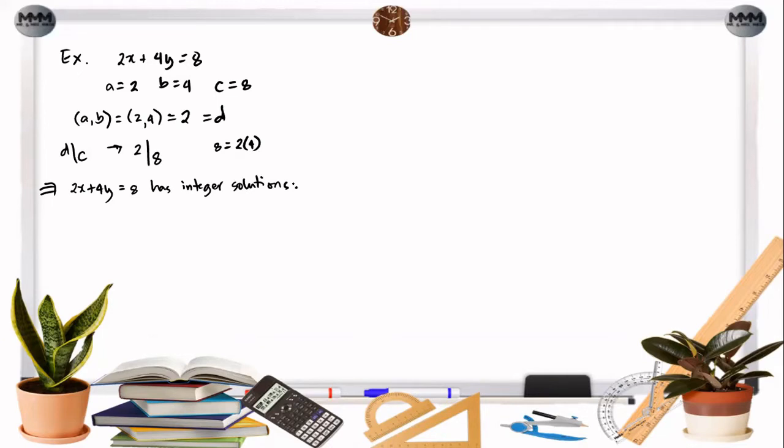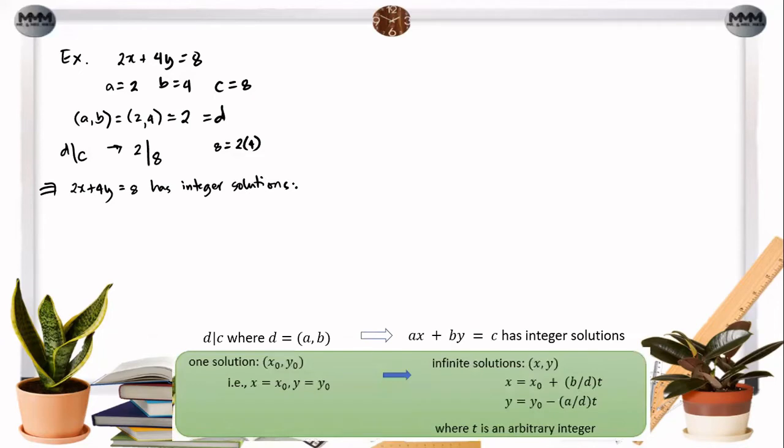Why? Let's try to recall this theorem: if d divides c, we can say that our linear Diophantine equation has integer solutions. Now, if it has a solution, say the coordinates x sub 0, y sub 0, we can say that the linear Diophantine equation has infinite solutions.